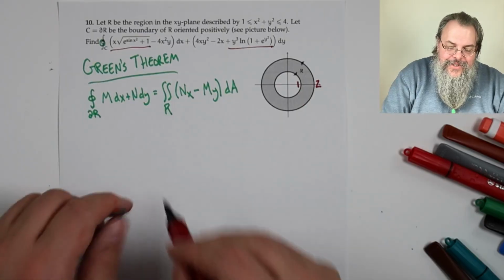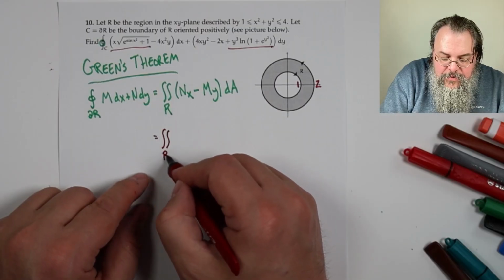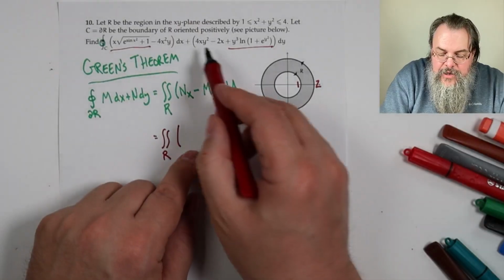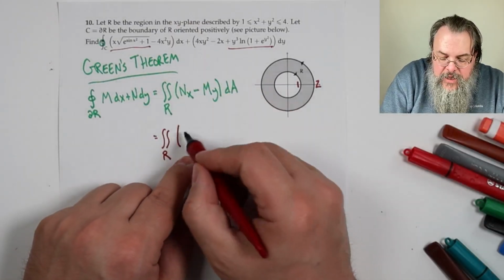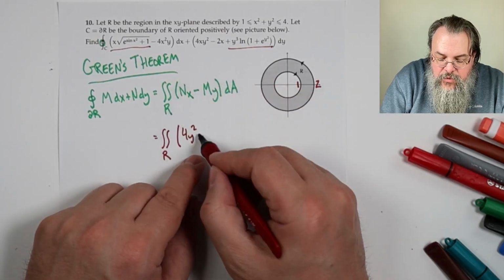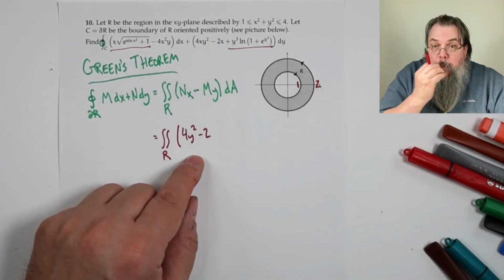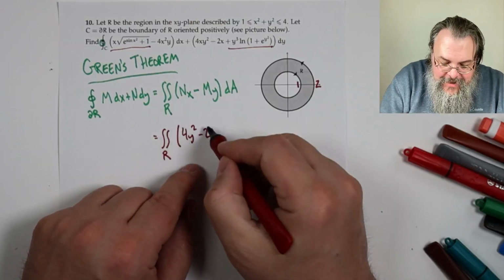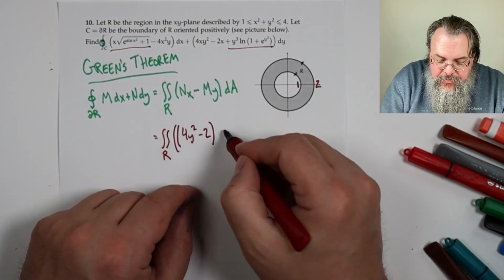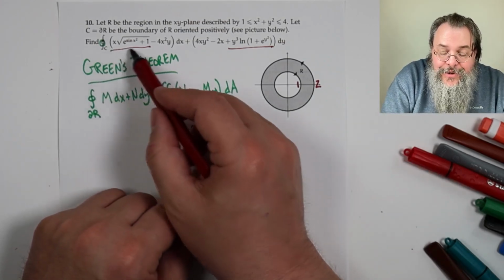All right, so let's go through and see what our new integral is going to become. Integral over our region, take the derivative here with respect to x. So we're going to get 4y squared minus 2. And there's no x's. Gone. Okay, that's N sub x. Minus, take the derivative with respect to y.